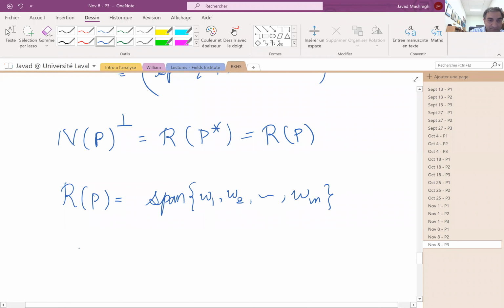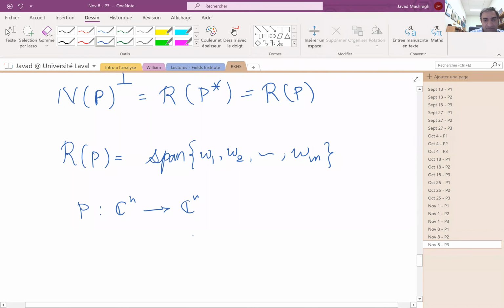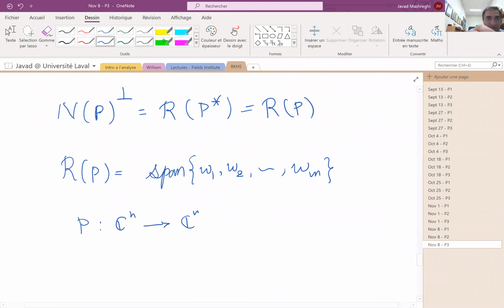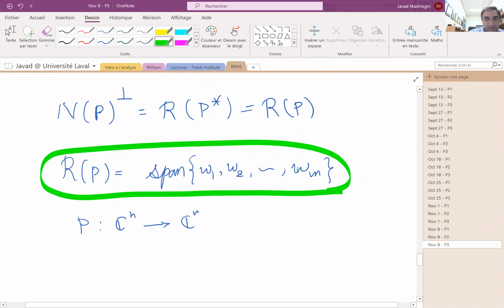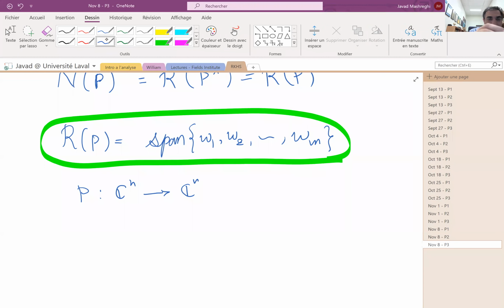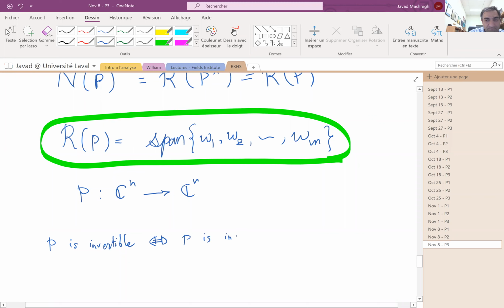An operator T from Cn to Cn is one of the basic and important facts in linear algebra, for which we can use this formula or the formula for n of P. The fact is that P is invertible if and only if P is injective.